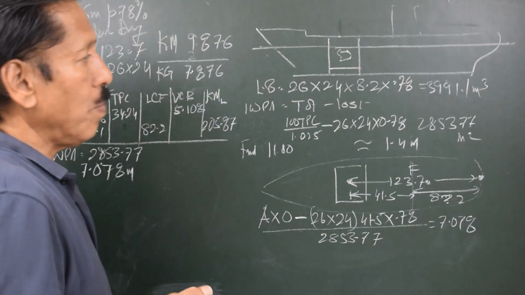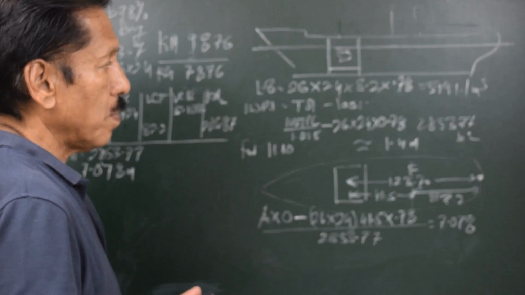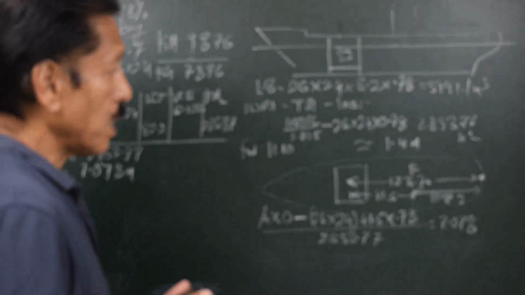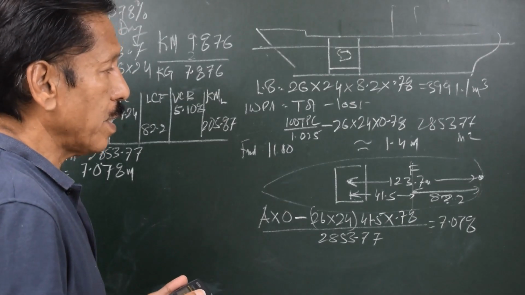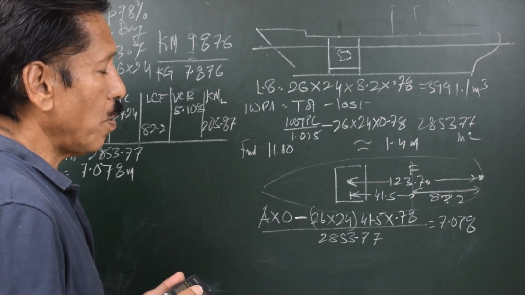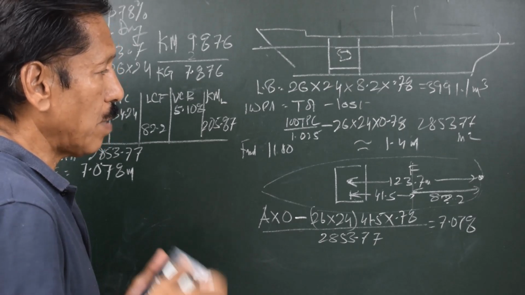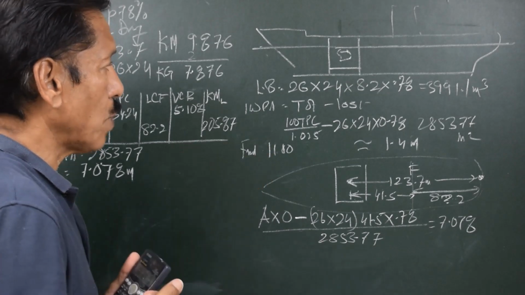Now next we want to find out what is the shift of center of buoyancy. There is a vertically upward shift of center of buoyancy, and there is a shift of center of buoyancy away from the damaged compartment. That means center of buoyancy moves outwards.